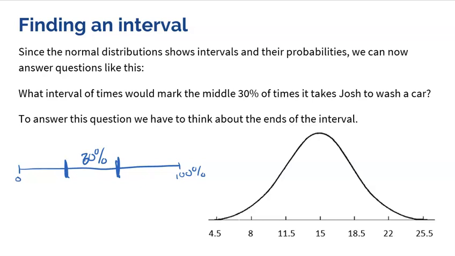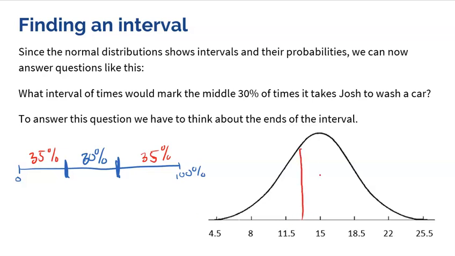But because the middle 30% is the middle, then that outside 70% gets split up, 35% at the bottom, 35% at the top. So there's the middle 30% I'm trying to find, which puts 35% below it, 35% above it. Again, it all adds up to 100%, but I'm looking for that middle 30%.